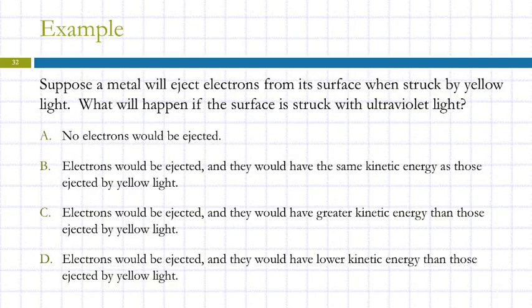Okay, suppose a metal will eject electrons from its surface when struck by yellow light. What will happen if the surface is struck with ultraviolet light? Well, we need to know the relative energies of yellow light and ultraviolet, right? So Roy G. Biv, next to violet is UV, and over here is IR.